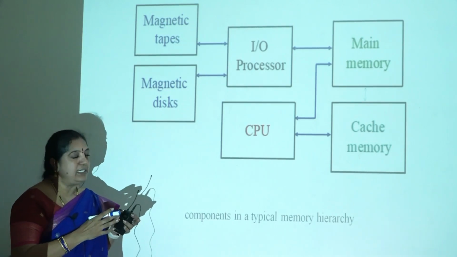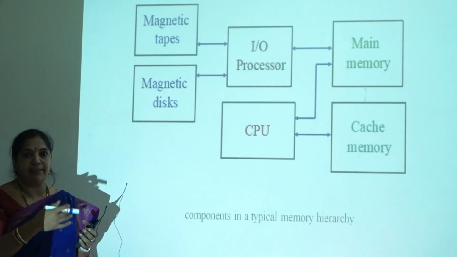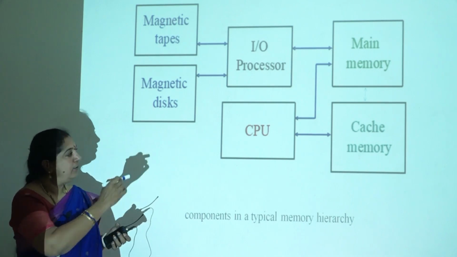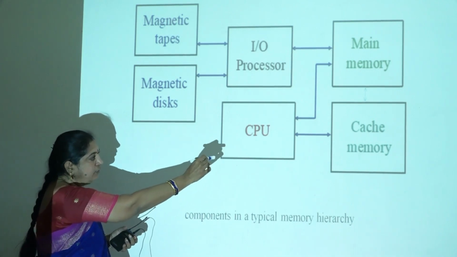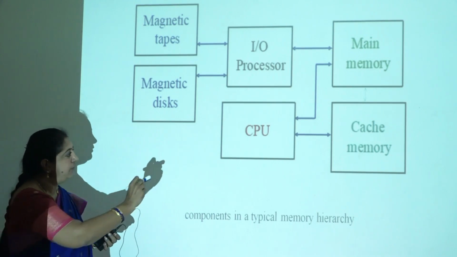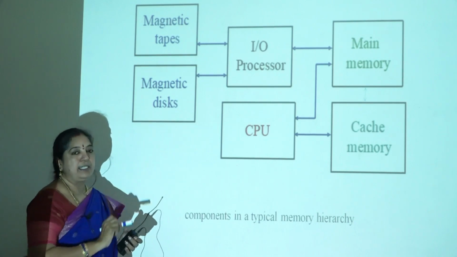There are certain pieces of information which are repeatedly used. In such cases we transfer that information and keep it in the cache memory. At each level the CPU processor will search for the information in the cache memory.